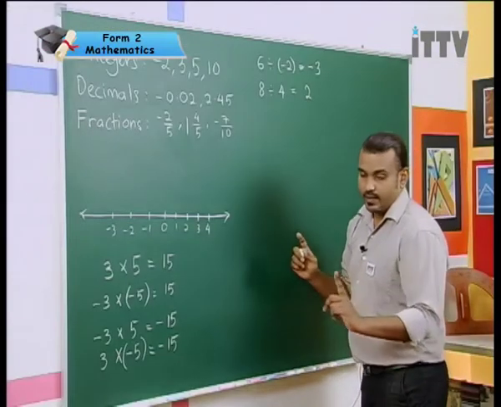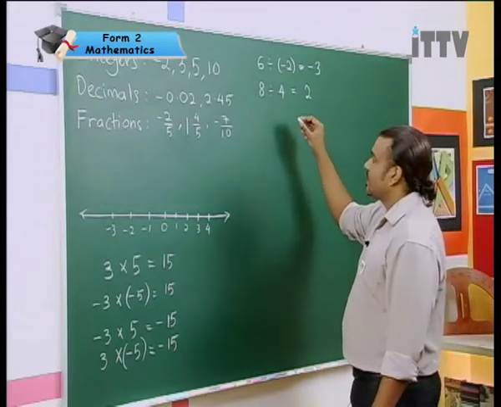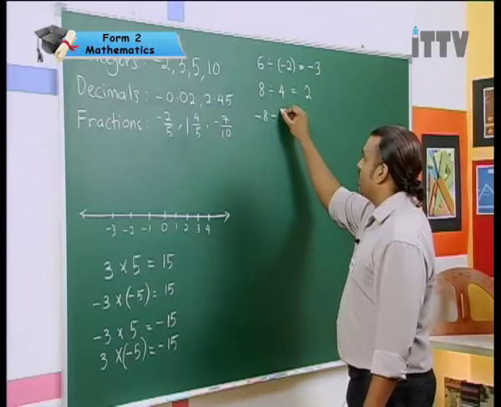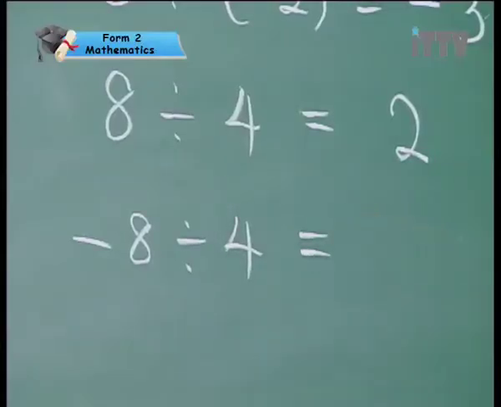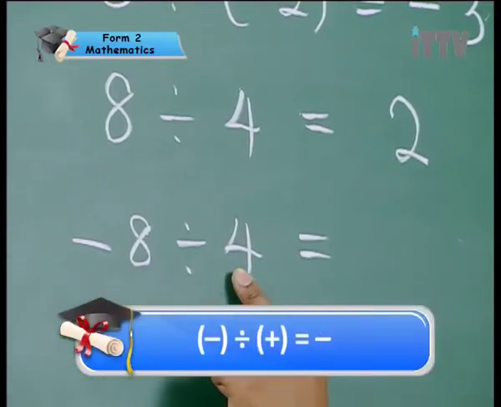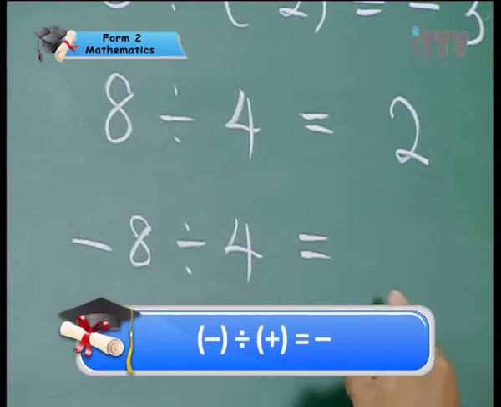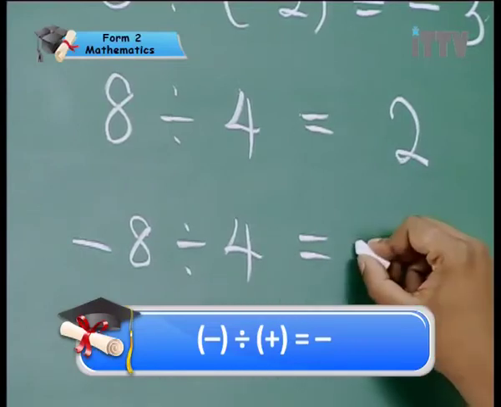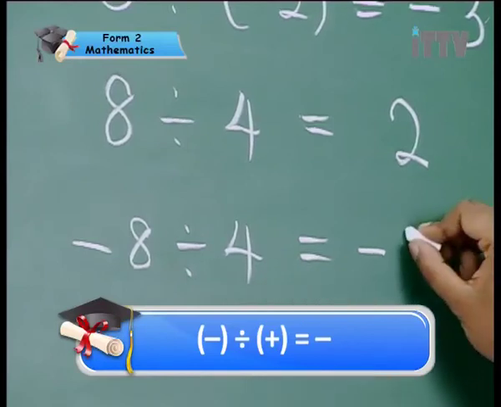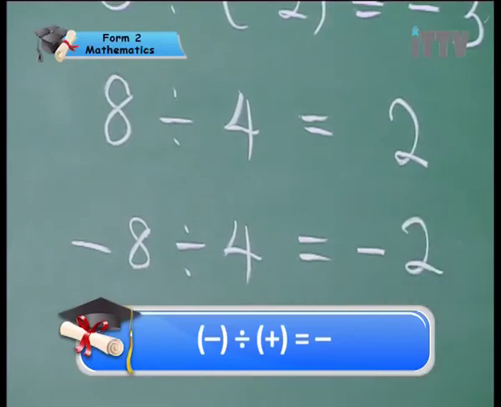One more example, okay? Now let's take a look at this. Negative 8 divided by 4. I'm giving you more or less the same numbers, so that's going to be easy for you. Negative divided by positive will eventually become, very good, negative. 8 divided by 4 is 2. Thus, negative 8 divided by 4 is negative 2.